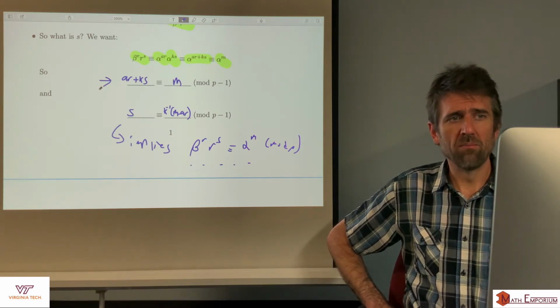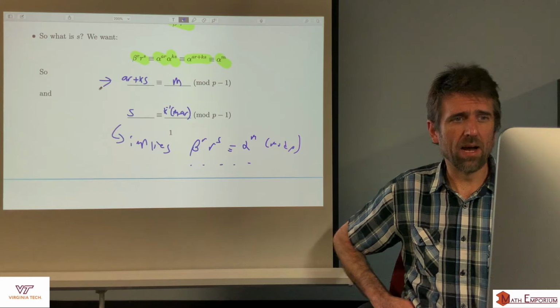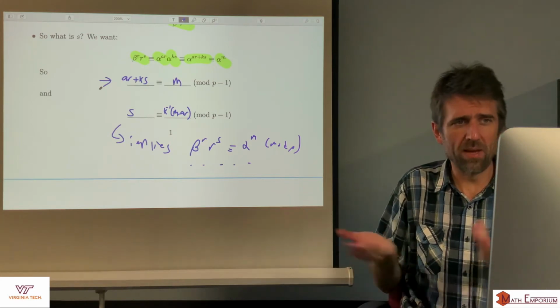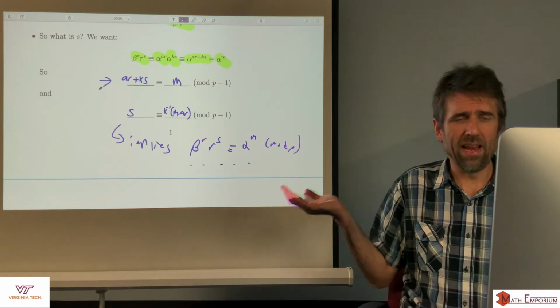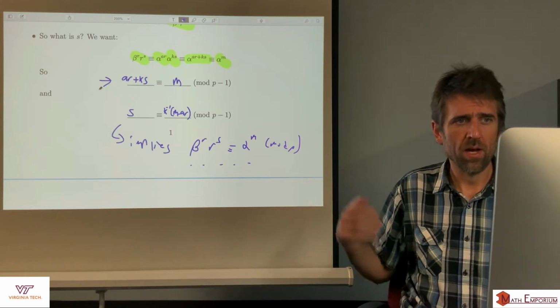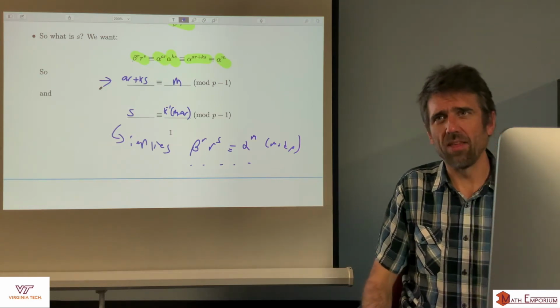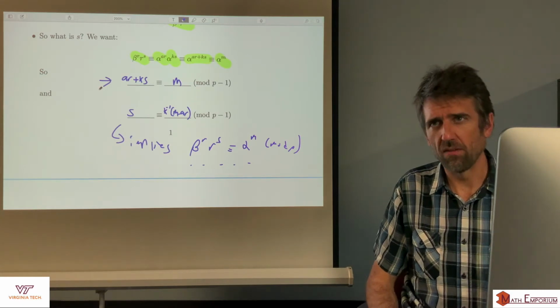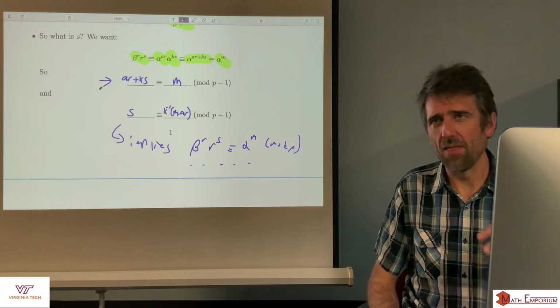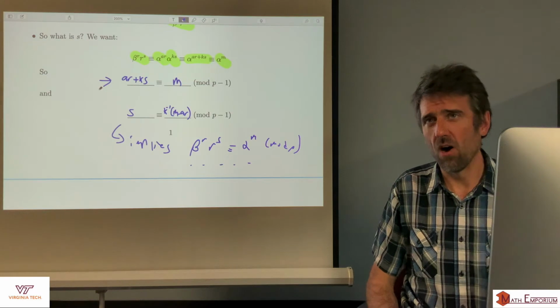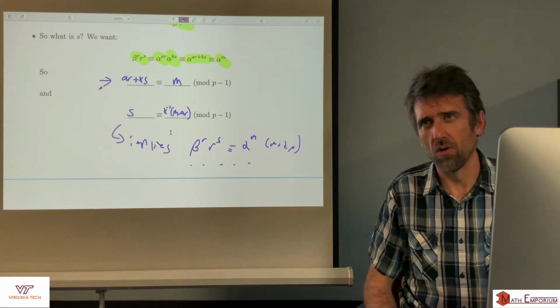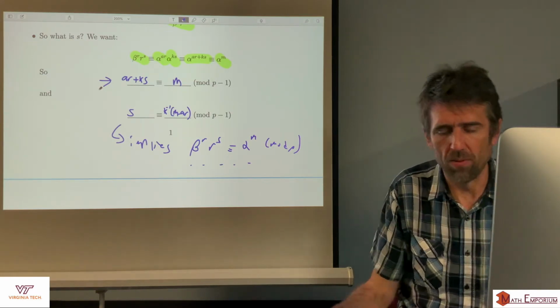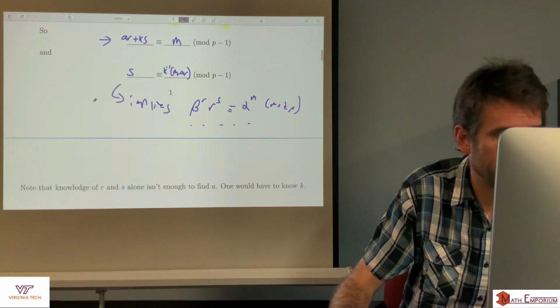That means that a and k could still be anything, or at least anything that's invertible mod p minus 1, because for any choice of a, there'll be a unique k in Z mod p minus 1 star that satisfies this. So you really haven't narrowed down the possibilities for a at all just by knowing that this verification holds, because you've got two unknown parameters instead of just one.